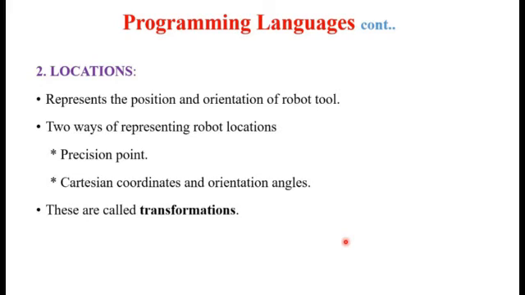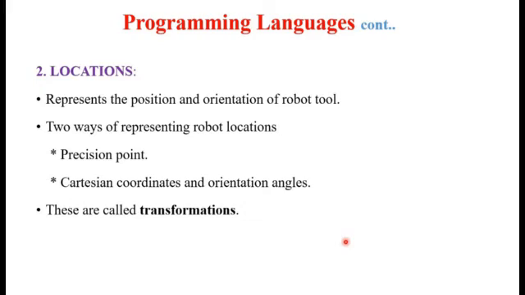These locations of this robot represent the position or orientation of the robotic tool. From point to point or path generating motion of this robot, this location is represented by this position or orientation.